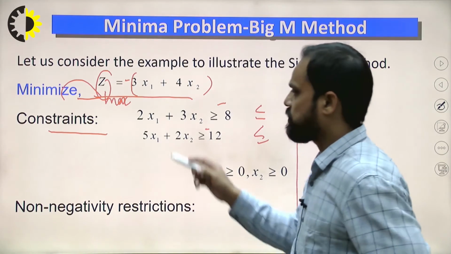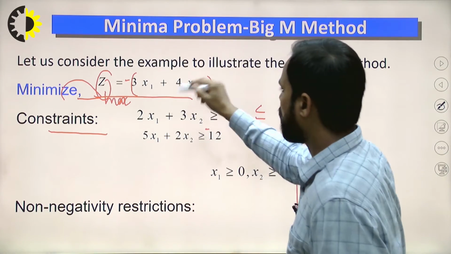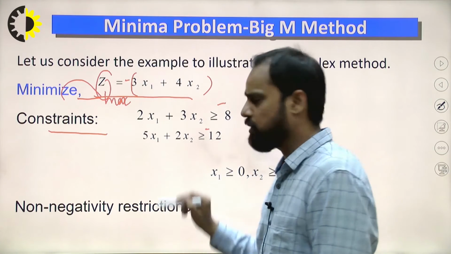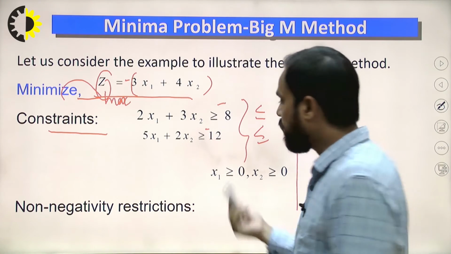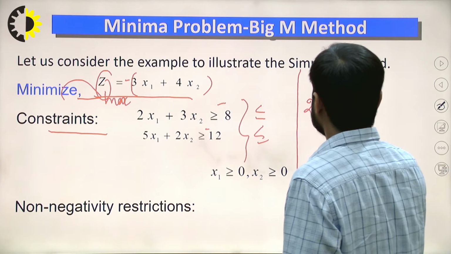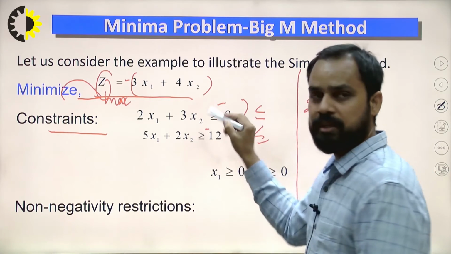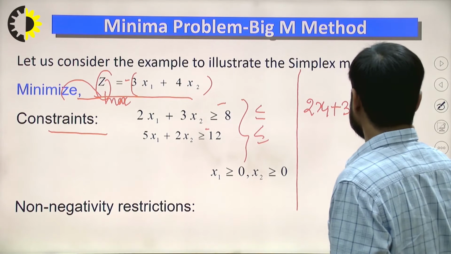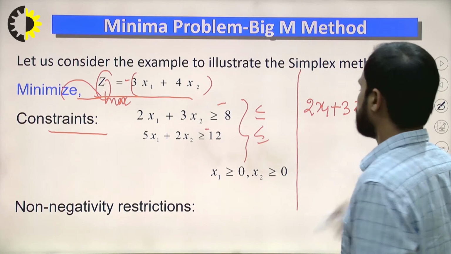Okay. The first way, I am trying to solve this by converting to maximization. Before converting the objective function into maximization, firstly I have to convert these inequalities into equations. Just 2x1 plus 3x2, and it is of greater than or equal to type, so minus s1 plus artificial variable a1 is equal to 8.